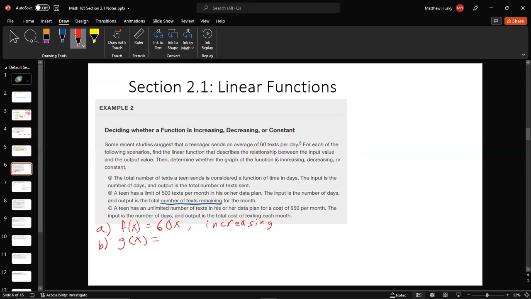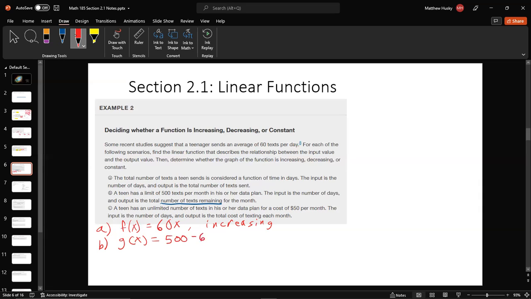So essentially, the b value, the y-intercept, that's the starting value. That's how many you have to begin with. So this teenager has 500 text messages to start with at the beginning of the month. And then each day, the amount they have left is going down, and it's basically by 60.